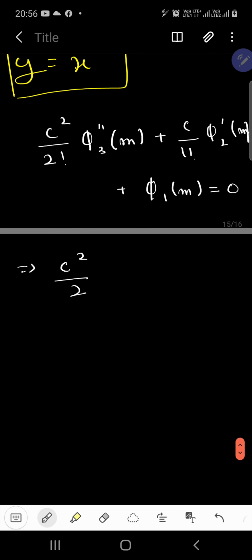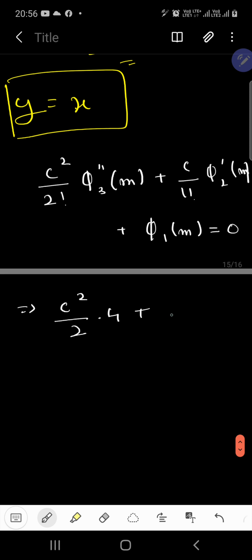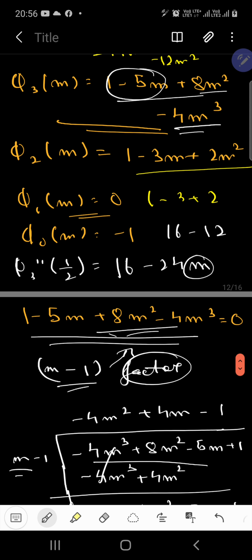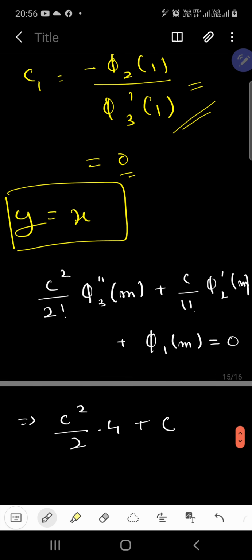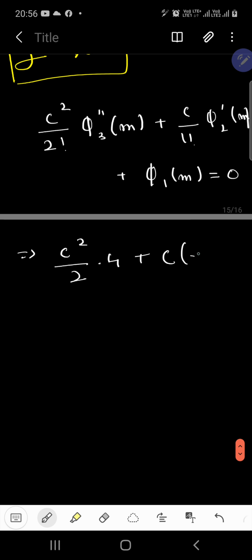So here you have c square over 2 times 4 plus you have c phi 2 dash m. So what is your phi 2? This one is your phi 2. Differentiating you get minus 3 plus 4m, putting m equals half, this portion is 2, so minus 1. So this becomes minus c times minus 1 plus phi 1 m, phi 1 m is 0.